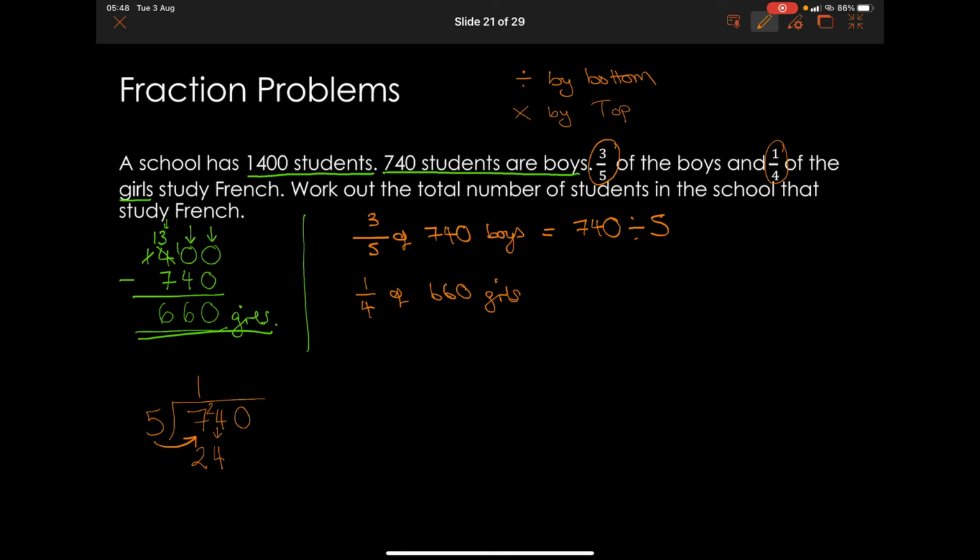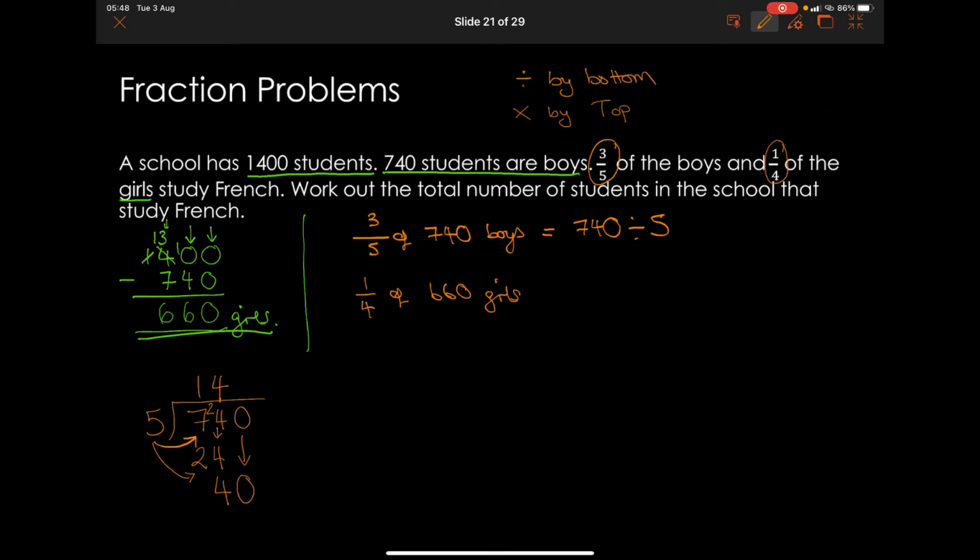Now we'll say how many 5s go into 24. Well, 5 times 4 is 20, and 5 times 5 is 25. So 25 is a bit too big. So 5 times 4 is 20. So 4 5s go into 24, and you've got 4 left over. So I'm going to put 4 down there and bring down my 0.